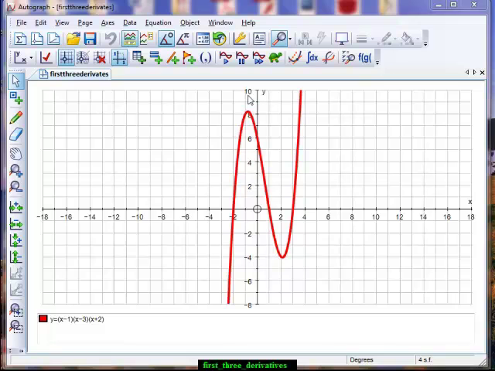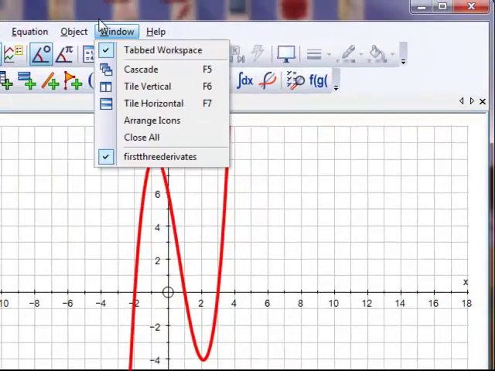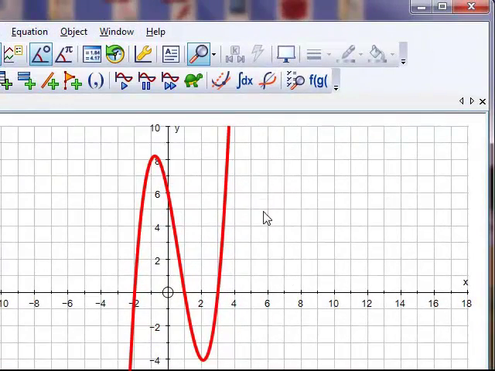I've already set up my axis. I've chosen advanced mode, chosen degree, chosen equal aspect, and I just want to show you that I already typed my equation, but the way I did it was pressed enter, or you go to equation and select enter equation. My advice is, before you do that, select the slope plot so you can discuss the points of intersection with the axis before you actually do what I've just done.